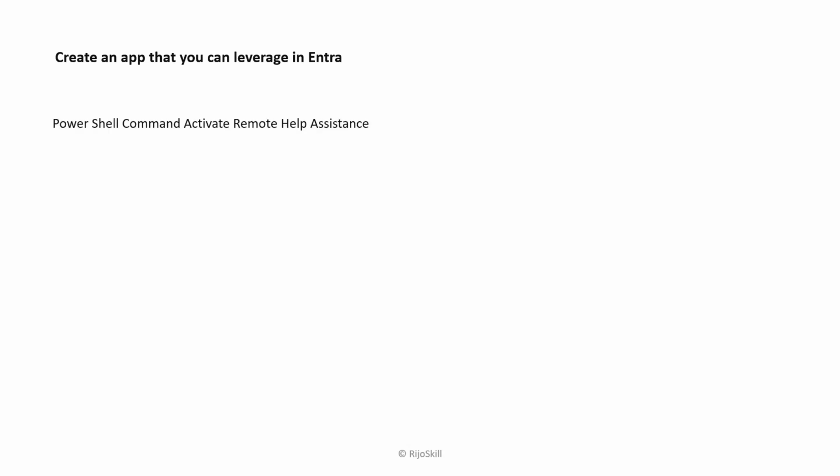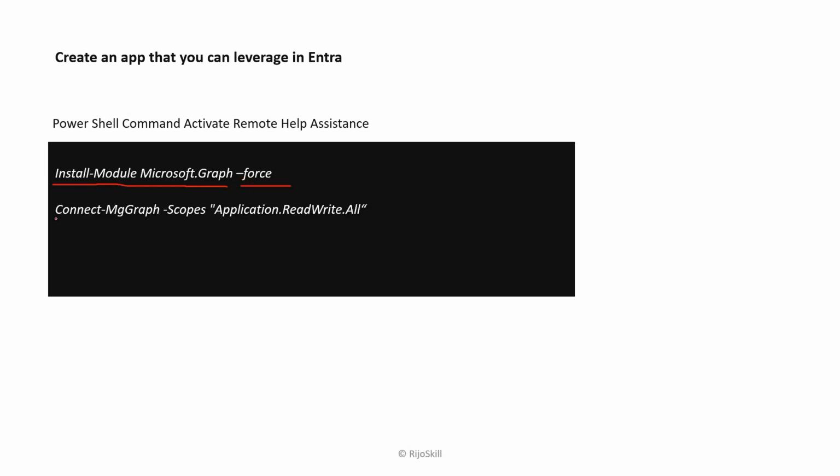First you need to run some PowerShell commands to activate the Remote Help service. So this is the command. Install the module from Microsoft Graph with -Force. If you have not installed the Microsoft Graph PowerShell module, you will use this Install-Module Microsoft.Graph -Force. Then after installation, connect to Microsoft Graph. Then for scope you will give Application.ReadWrite.All.